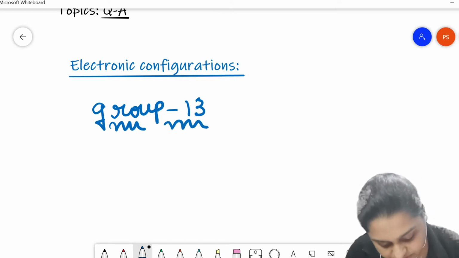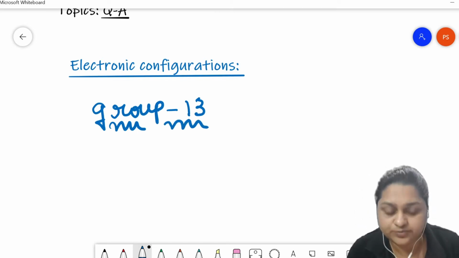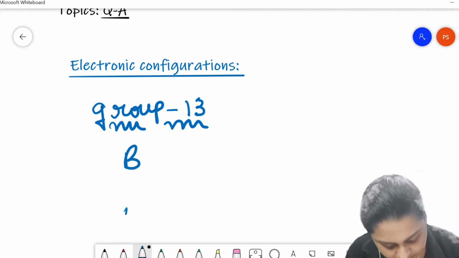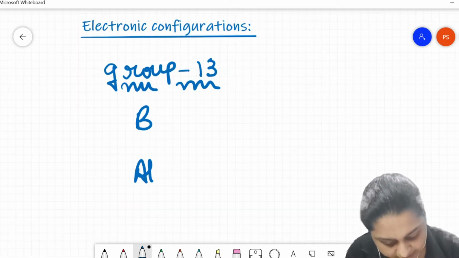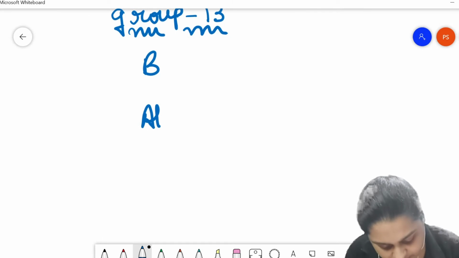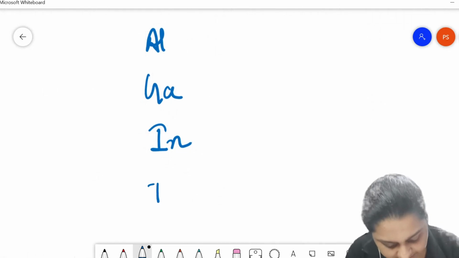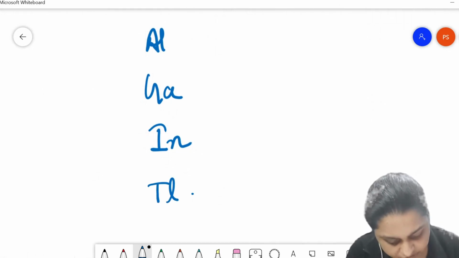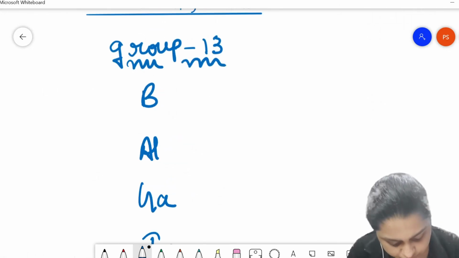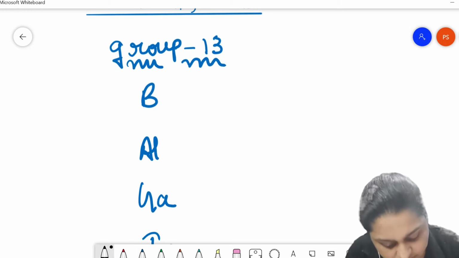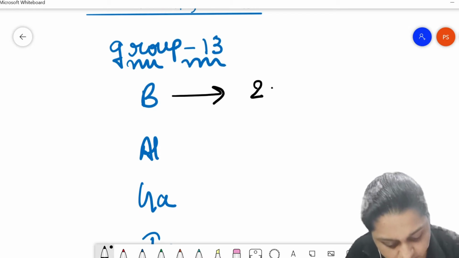Now in group 13, the group starts with boron, then followed by aluminium, gallium, indium, and thallium. Now the electronic configuration of boron is 2s2 2p1.